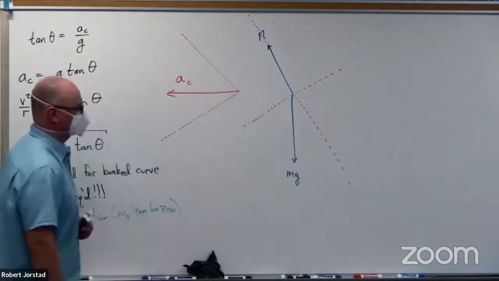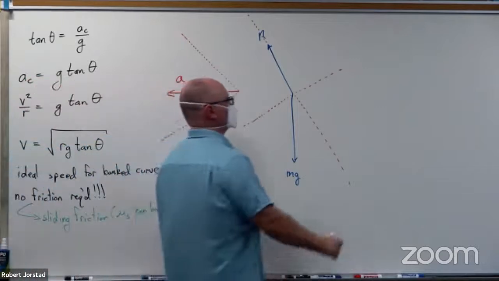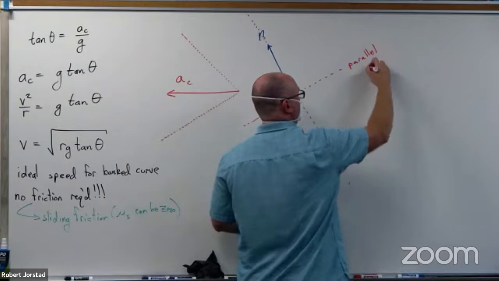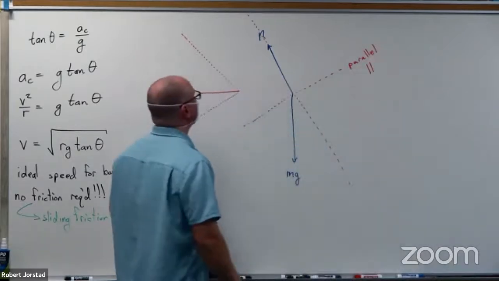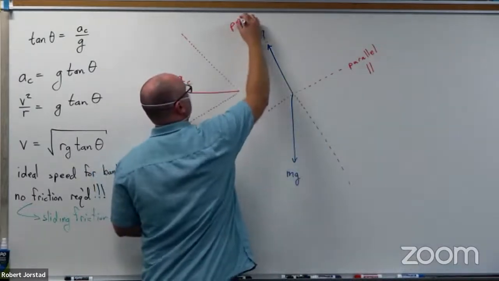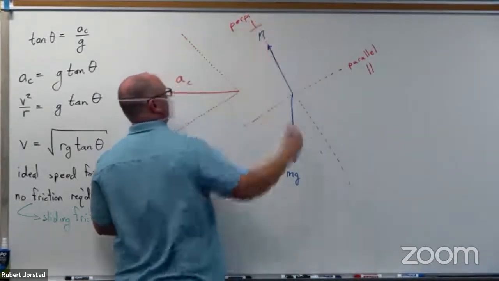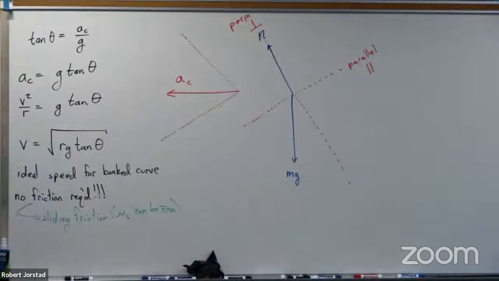In this case, I'm going to call this direction parallel, and I'm going to call this direction perpendicular, or the perpendicular symbol. Is everybody okay with that? Getting this diagram right hopefully will save you headaches later.